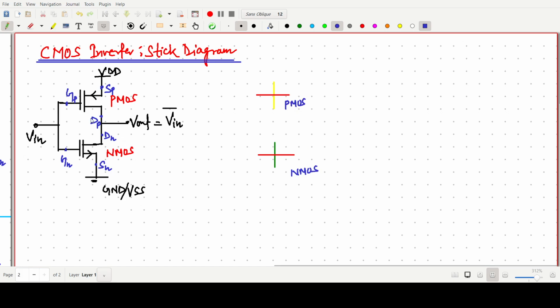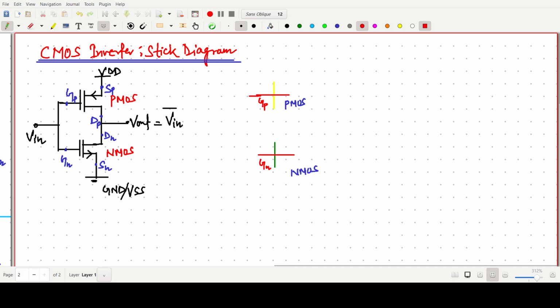Now this one is our gate, this red one, the gate of the PMOS, and this one is the gate of the NMOS. So the gate terminal of P and gate of N are connected together.